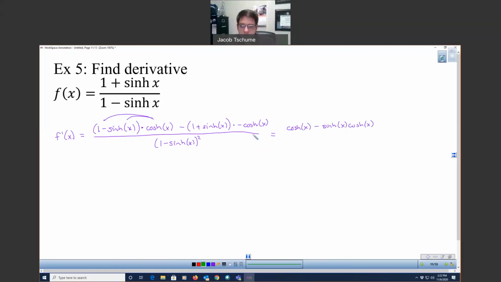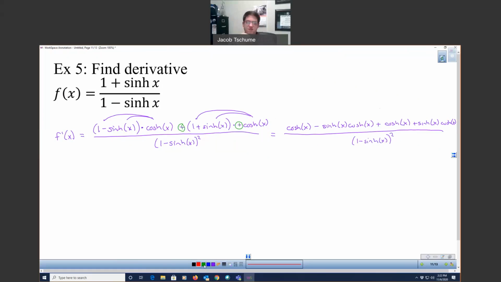I notice that this negative and this negative are going to end up being multiplied, so that really just becomes addition here. And I'm going to distribute this hyperbolic cosine to these two terms, but everything's going to stay positive. So it'll be plus hyperbolic cosine of x plus hyperbolic sine of x times hyperbolic cosine. All of this over 1 minus the hyperbolic sine of x all squared.